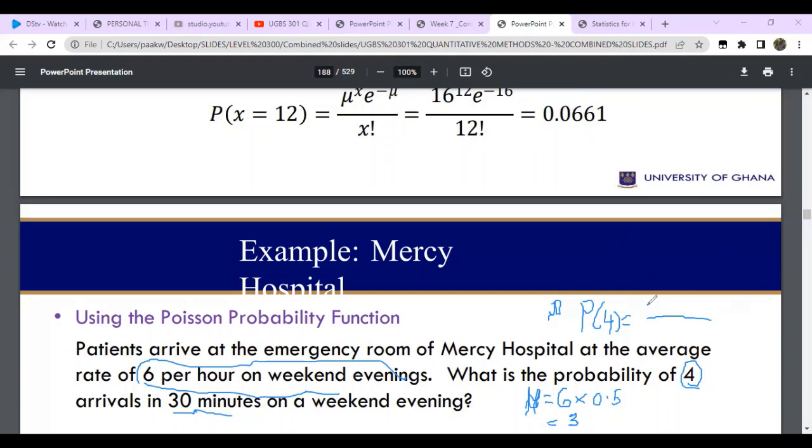So it will be 3 exponent 4, e exponent negative 3, all over 3 factorial. It's 4 factorial, sorry.